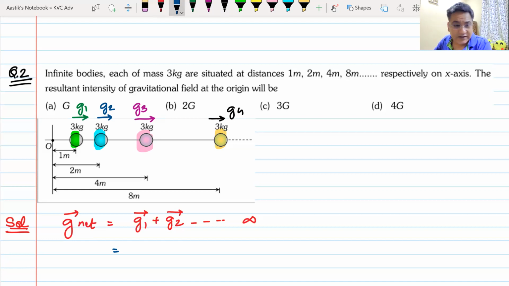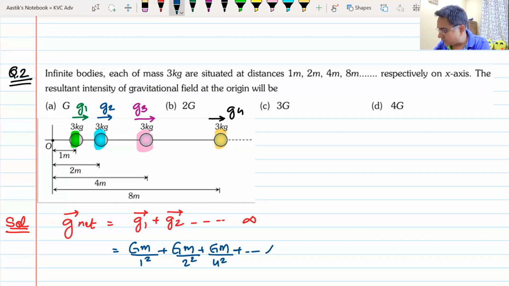The value of G1 is G into M divided by 1 square, where M is 3 kg. Plus G into M by 2 square, plus G into M by 4 square, plus and so on up till infinity.